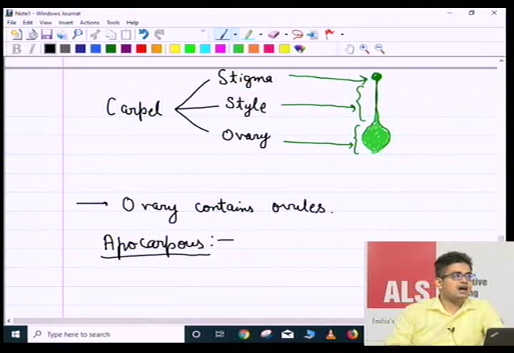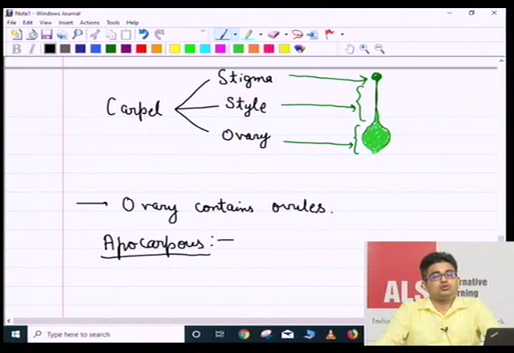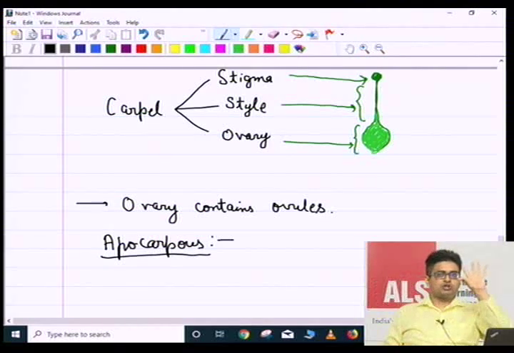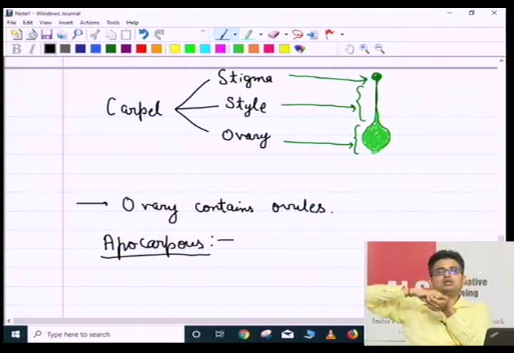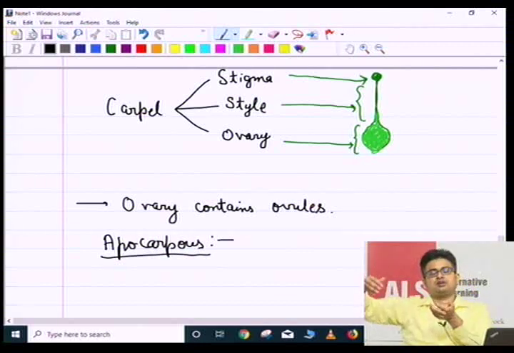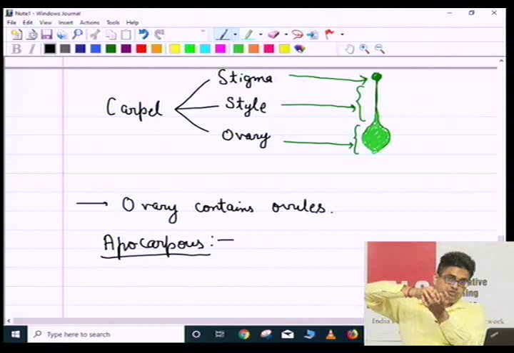How many of you have seen a lotus seed or lotus fruit? How many of you have seen it? Yeah, very good, Shillong students. If you have seen a lotus fruit, it has a green spongy mass, and all the different carpels are not fused together, they are free.